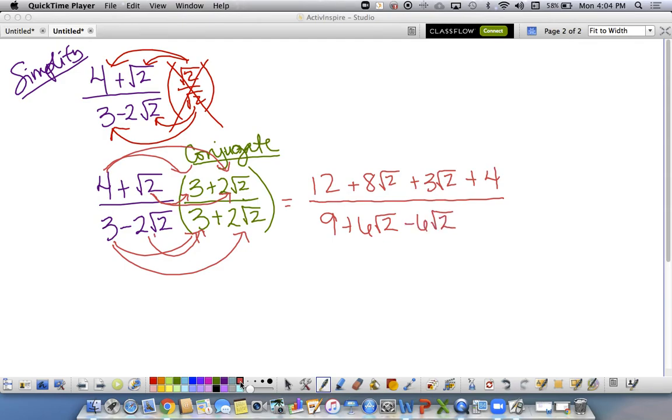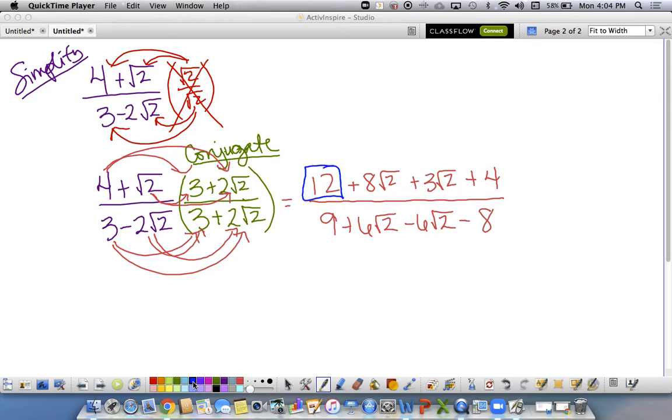And then our last, negative 2 root 2 times 2 root 2 becomes negative 4 times root 4, so negative 4 times 2 is negative 8. Okay, so that is FOILing the top and the bottom. I know you can do it quicker. Please do. I won't do it like this forever, but it may have been a while.